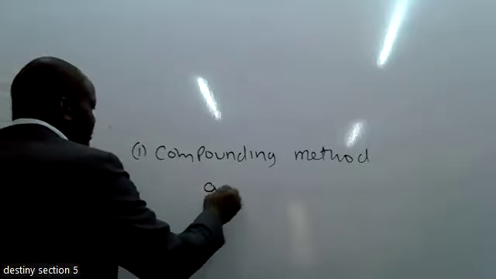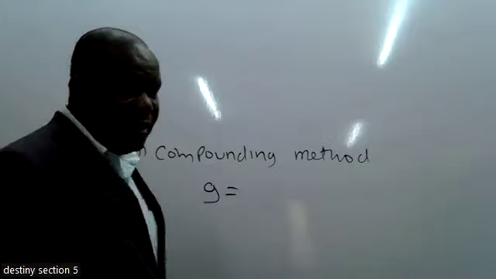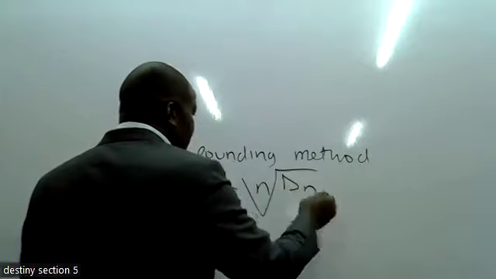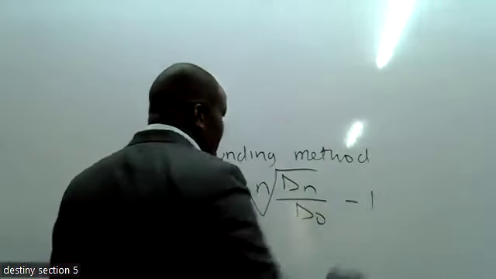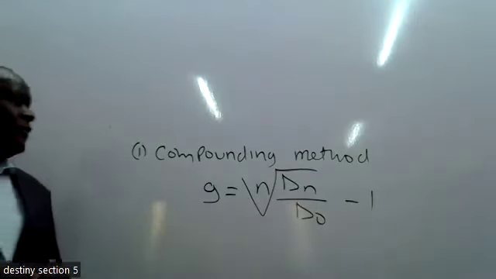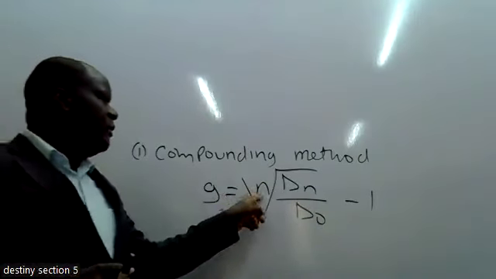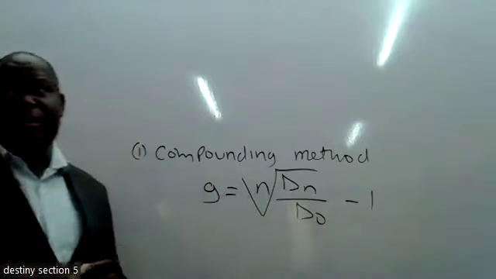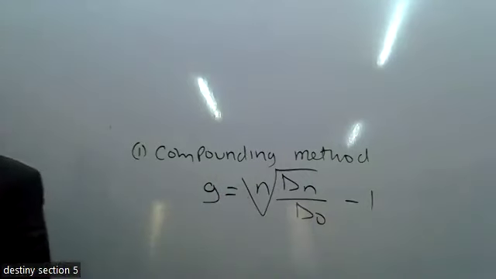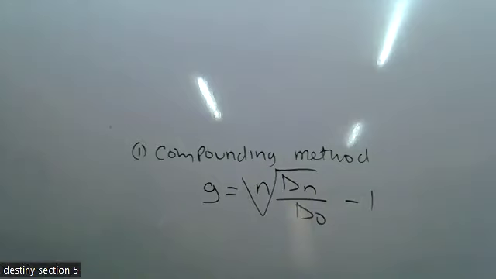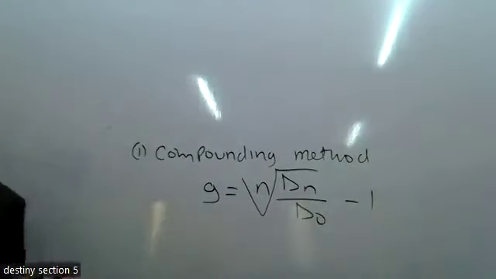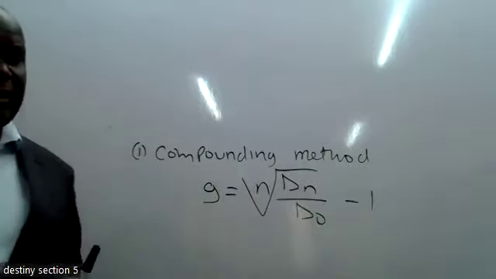So G, the constant growth rate, will be given by the Nth root of Dn divided by Do, then we subtract 1. The 1 is not covered by the root, 1 is independent. But when we do a question, I will be explaining what we mean by Do, Dn, what is N, what is G. But for now, we just have the formula like that.